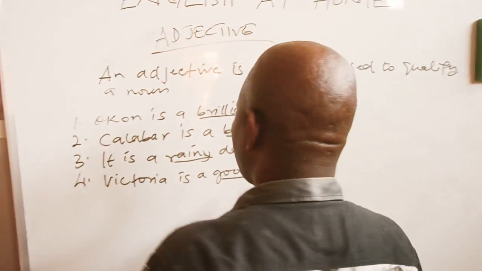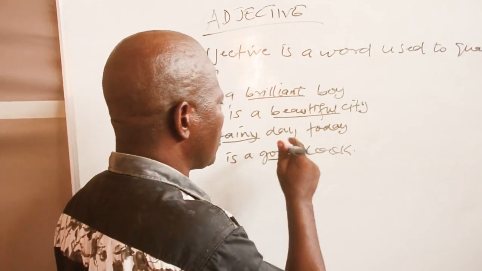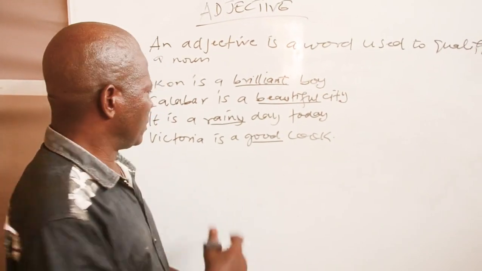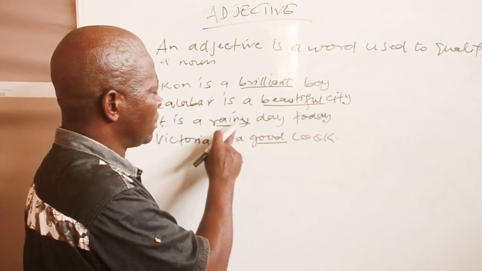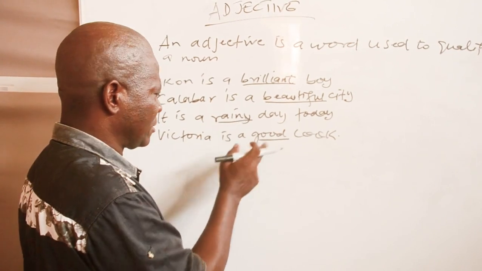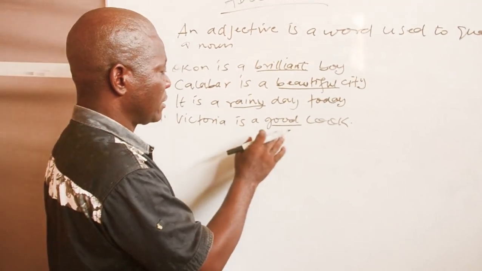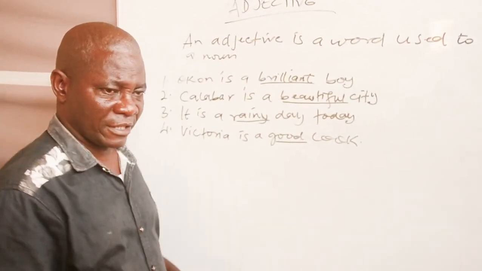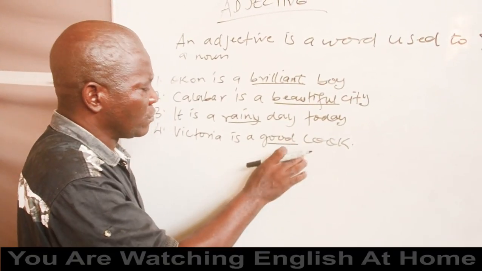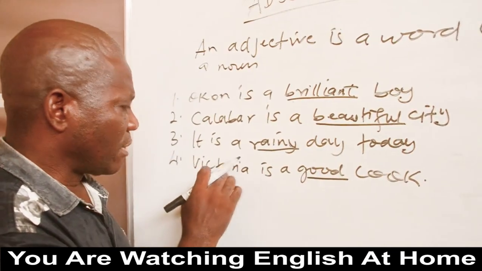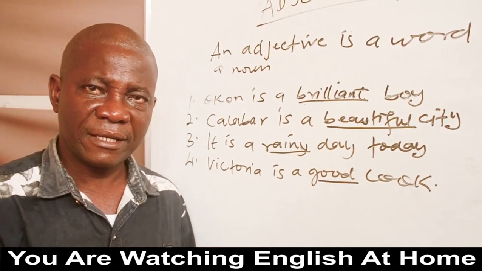But when we say rainy, it has told us what happens today that maybe did not happen the other day. So the word rainy is an adjective. Victoria is a good cook. Victoria is a cook, just a sentence. But Victoria is a good cook. The word good has told us more about Victoria as a cook.